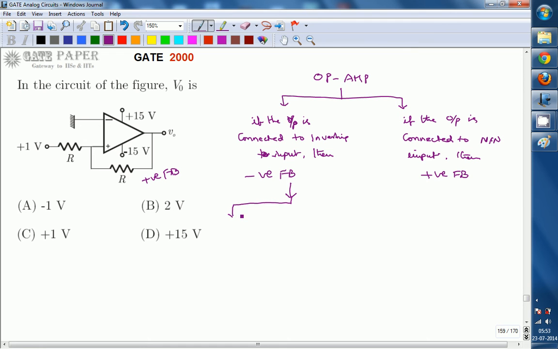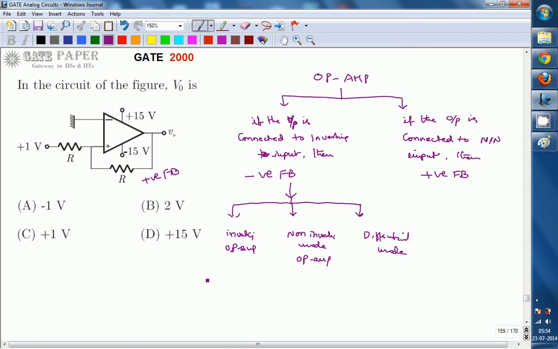If the op amp has negative feedback, then there are three different cases: inverting mode, non-inverting mode, and differential mode. The op amp, that is the operational amplifier, can act as an amplifier only when the feedback is negative.